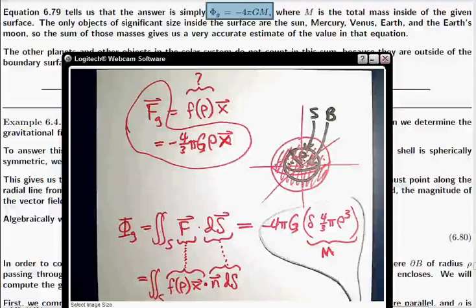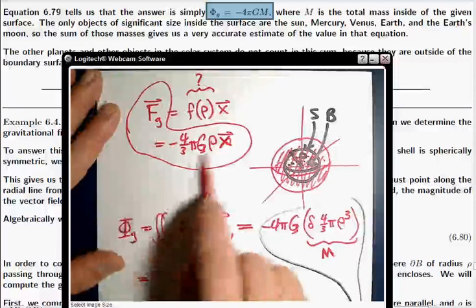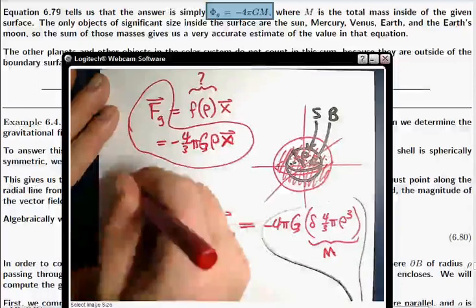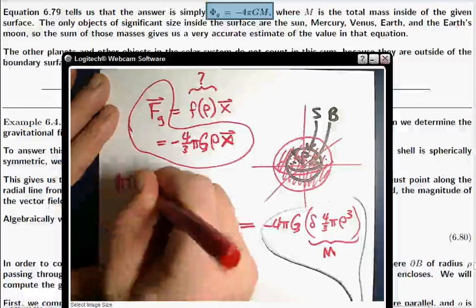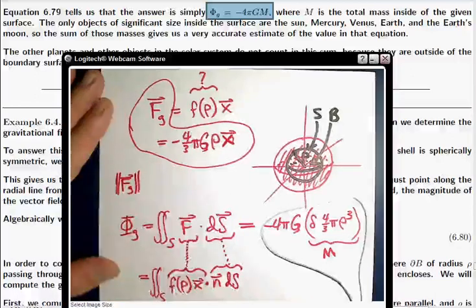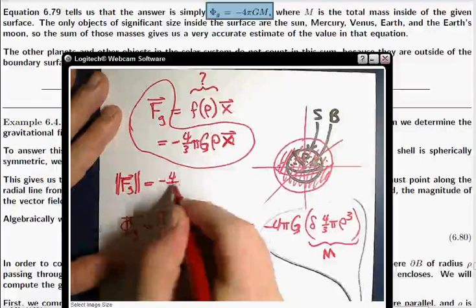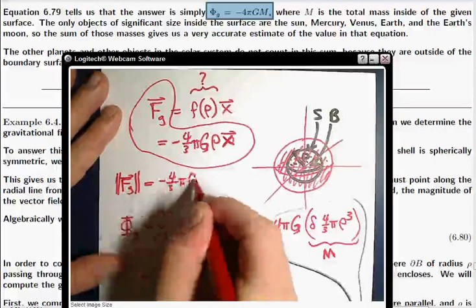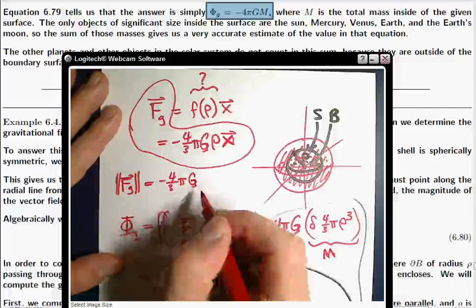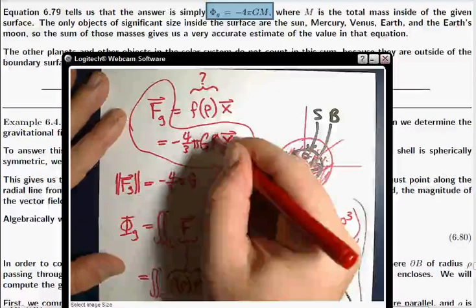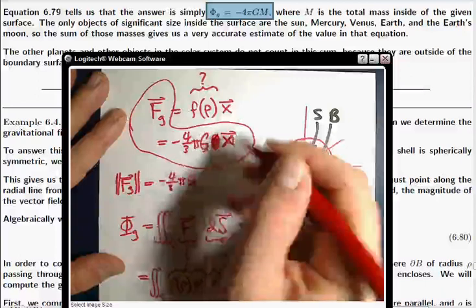And what this says is that the gravitational field, here's a formula for it, and in fact, then the length of the gravitational field, if you wanted to compute the length of the gravitational field, well, it's going to be a bunch of constants. I'm sorry, this was a delta. Shame on me. I'm sorry, I miscopied.